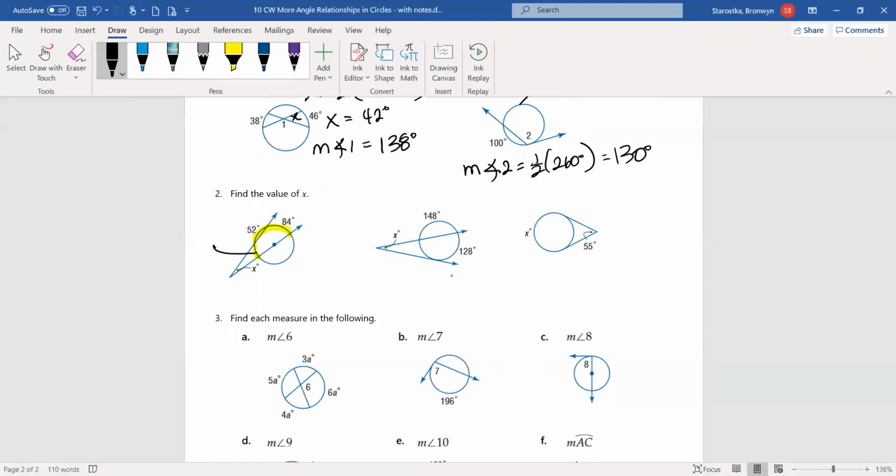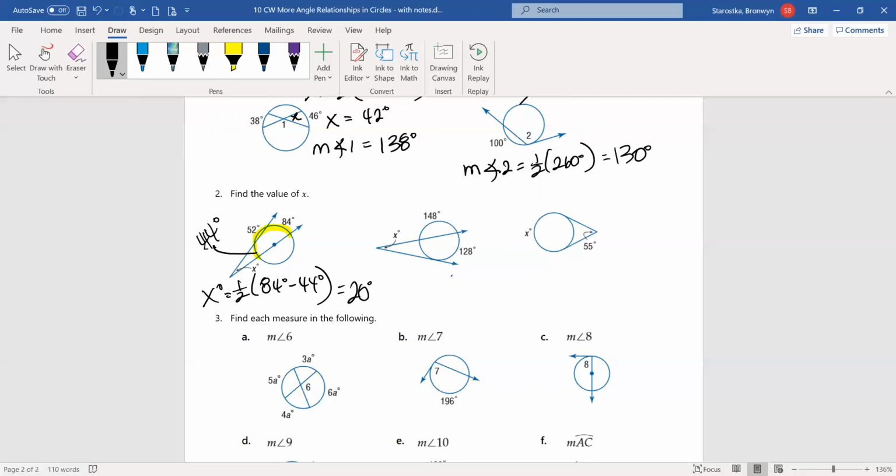You are always on the hunt for your semicircles. It's 44 degrees. Sorry, that doesn't look so good. 44 degrees. So x is 1/2 of 84 degrees minus 44 degrees. X is 20 degrees.